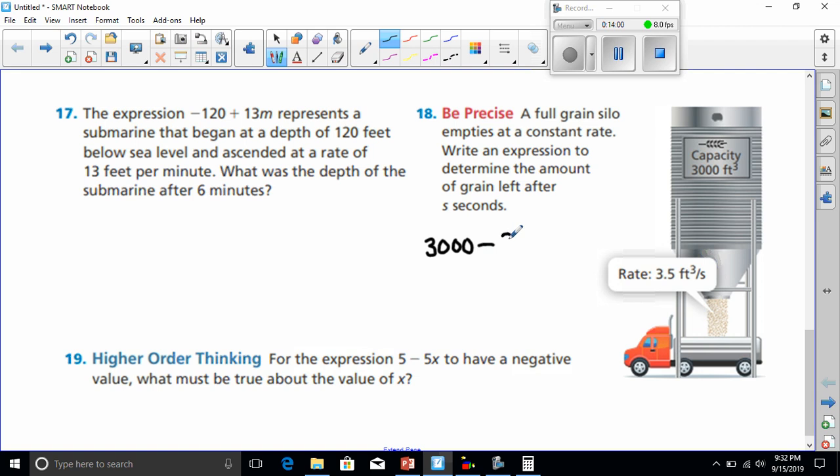So that would mean we're minusing 3.5 times S. All right. So depending on how many seconds go by, we're multiplying that by 3.5, because that's how much we're losing per second. And the grain is only 3,000, so after so many seconds, we're going to run out. So we have to have 3,000. So my final answer would be 3,000 minus 3.5 S.